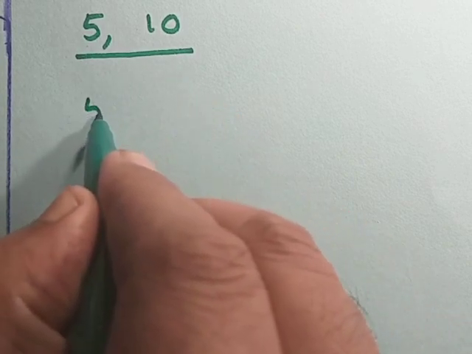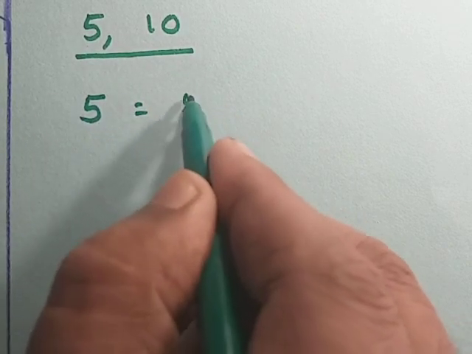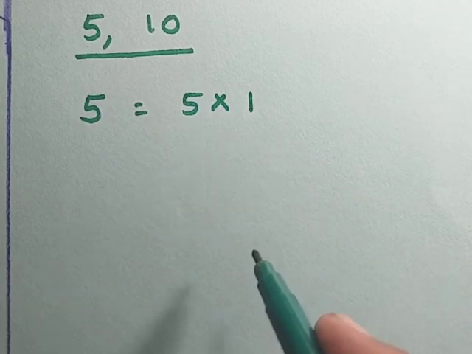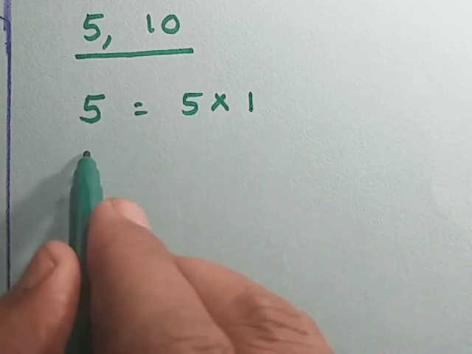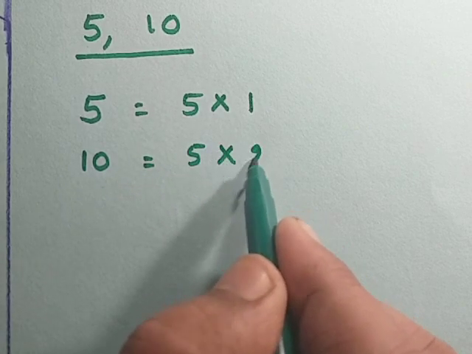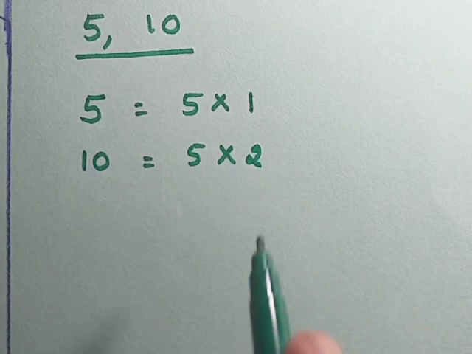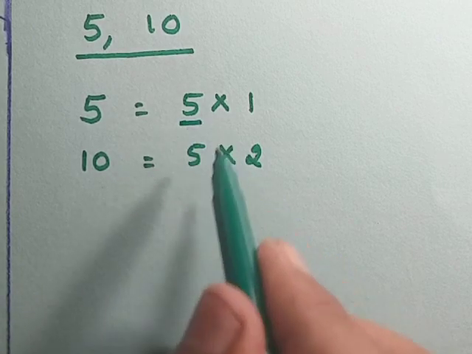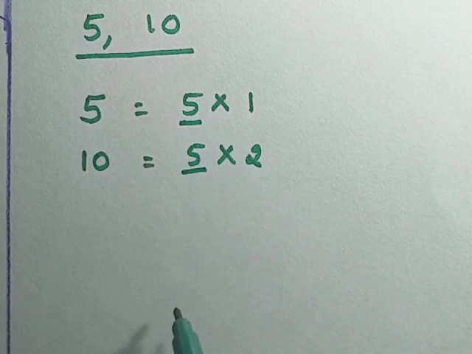The other way of talking is 5 is equal to 5 into 1, it can be written, and 10 is equal to 5 into 2. What is the common number that has come now? 5 and 5.